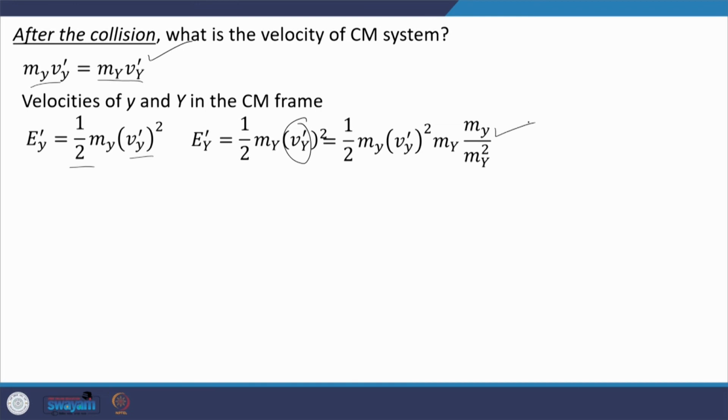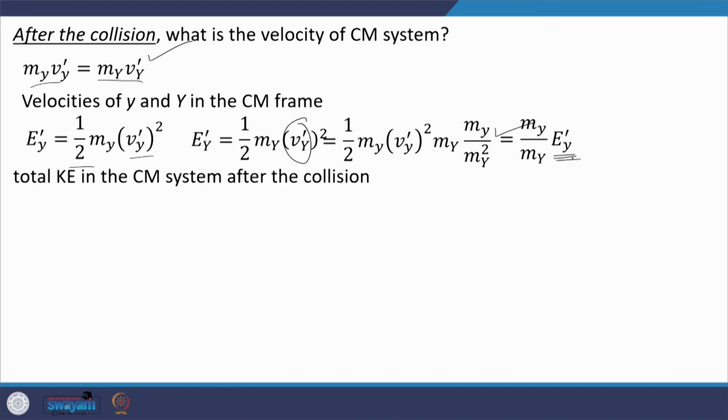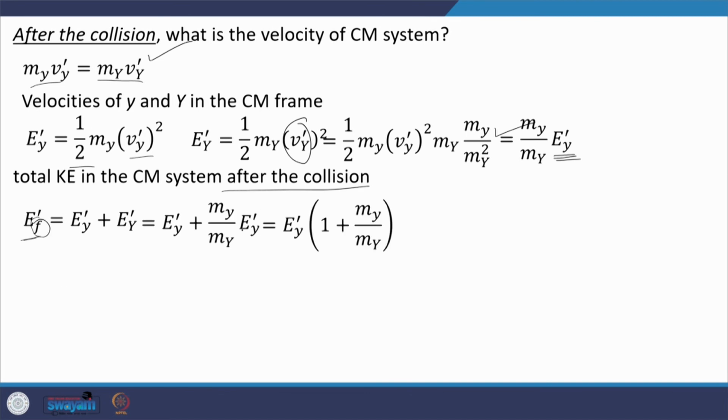Expanding gives this kind of relation, Ey prime. Now, the total kinetic energy in the CM system after the collision can be given like this. Instead of Ei, which was the initial one before the collision, after the collision we write small f. Doing the routine mathematics, you will get this kind of relation.